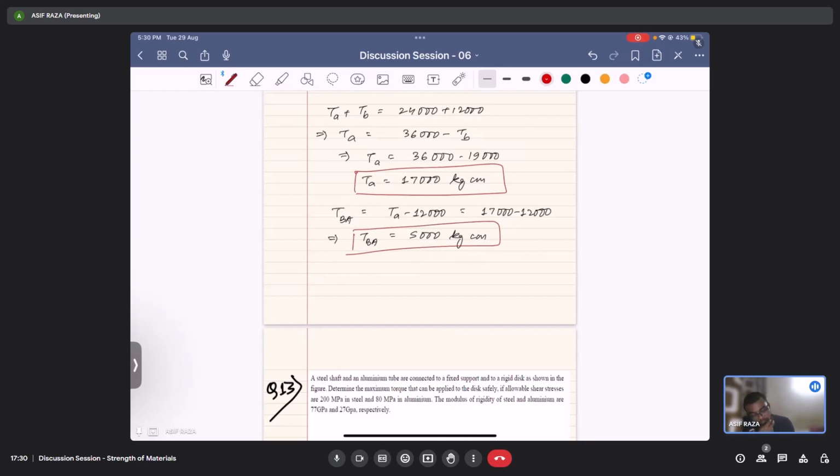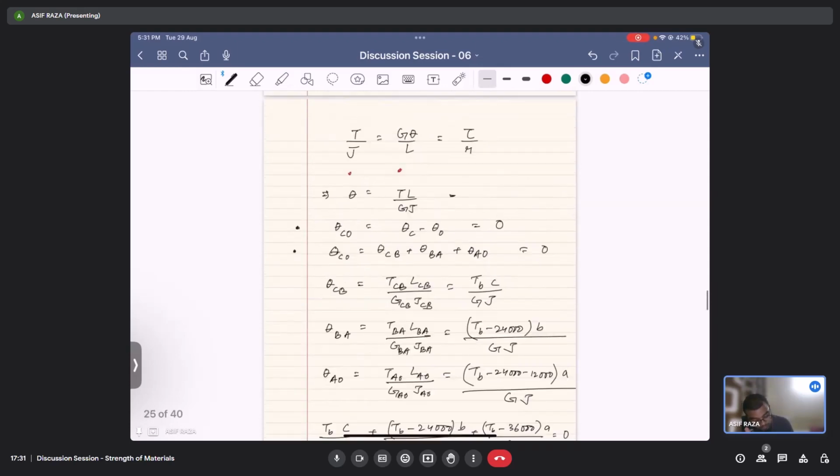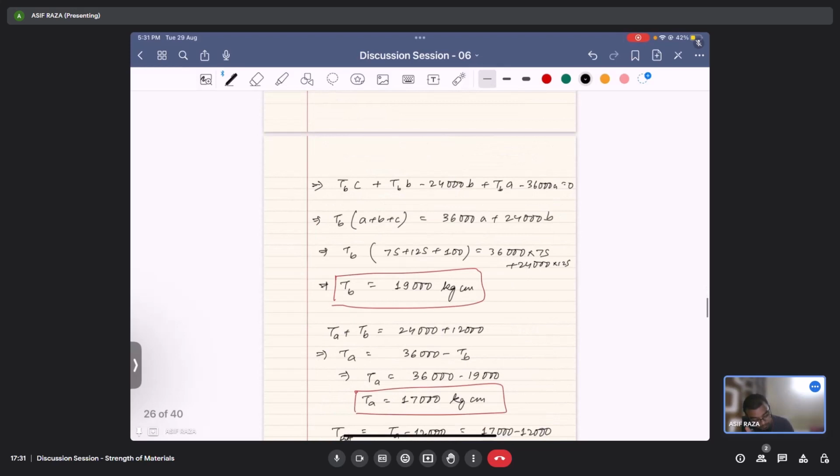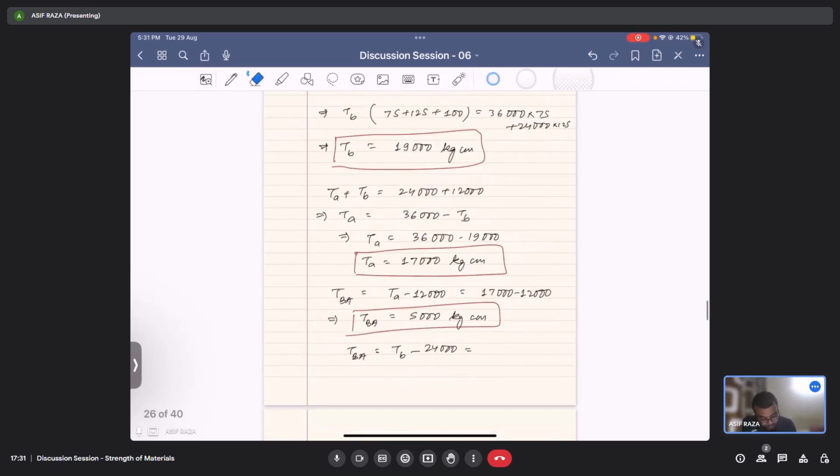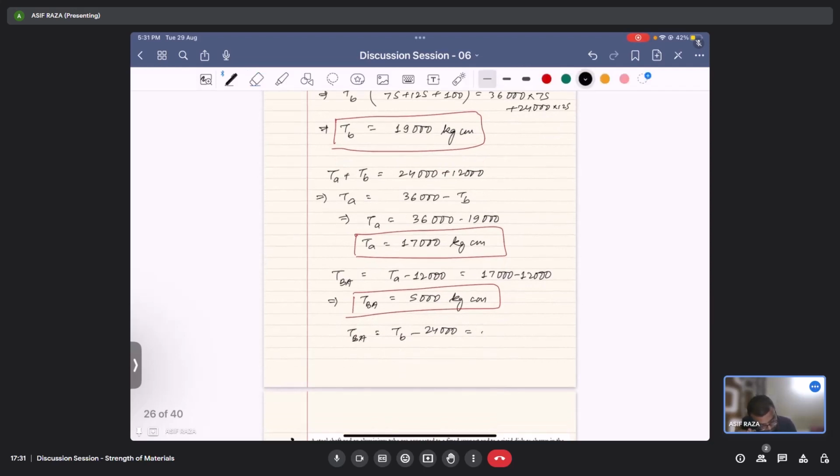So this we have calculated following the left. If you want to cross verify with the right, TBA can also be written as TB minus 24,000, and TB comes out to be 19,000 minus 24,000, and this would be around minus 5,000 kg centimeter.